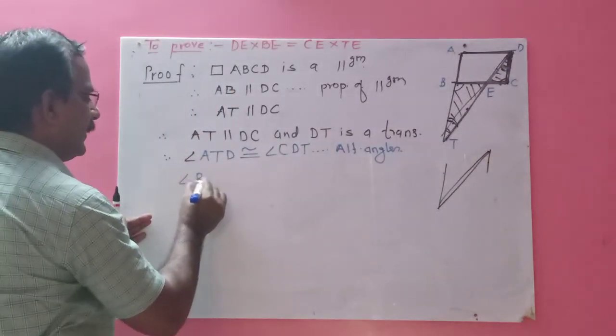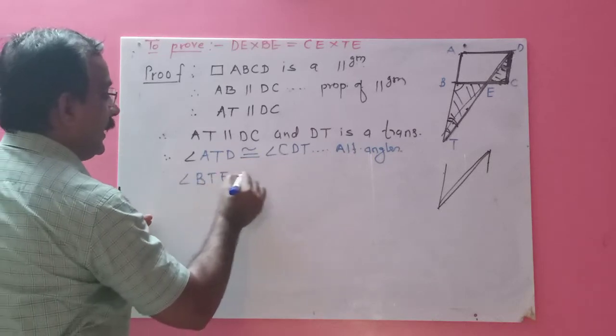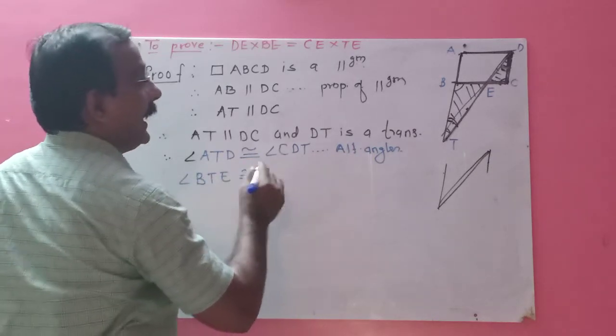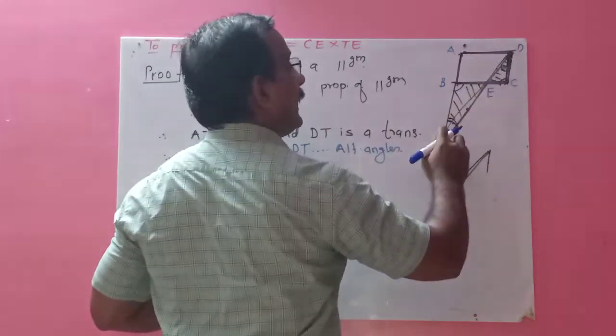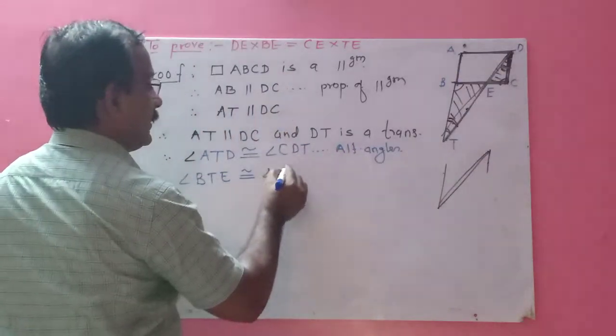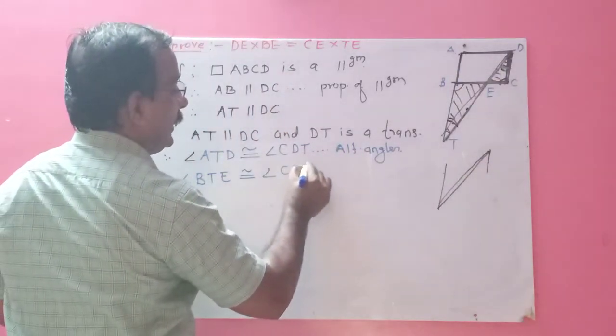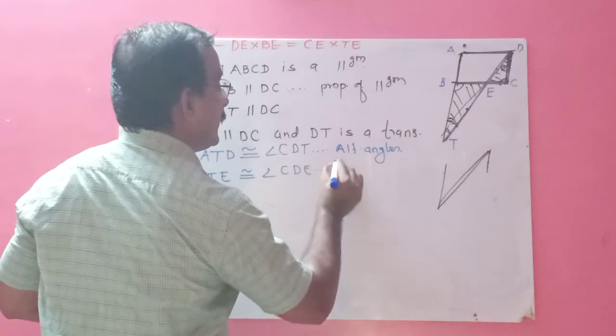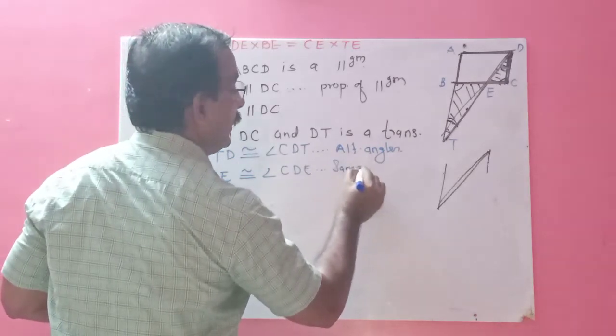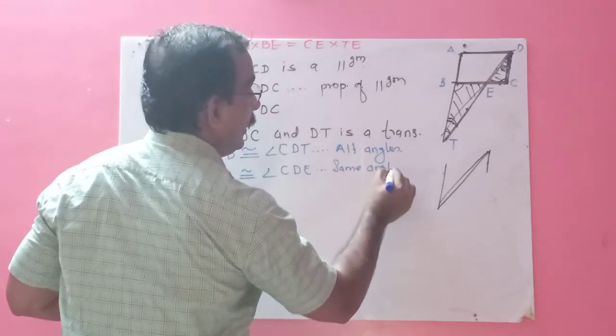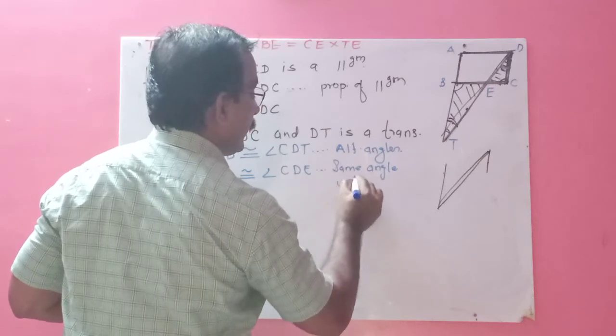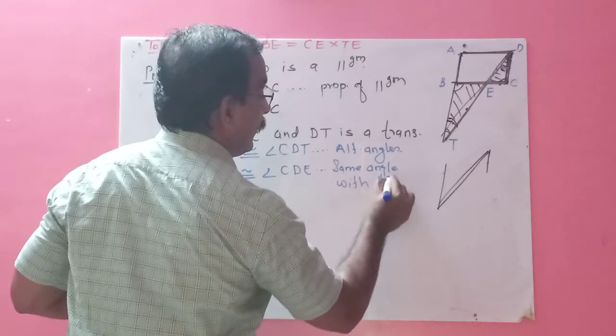Angle BTE is congruent to angle CDT, which can be written as CDE. And the reason for this is same angle with a different name.